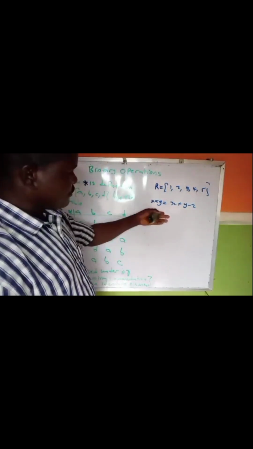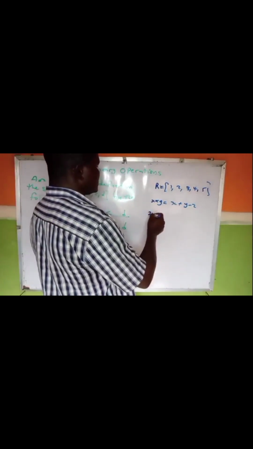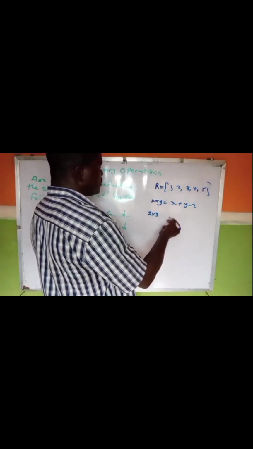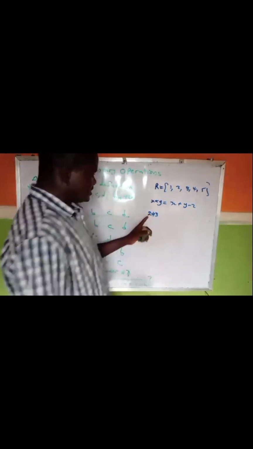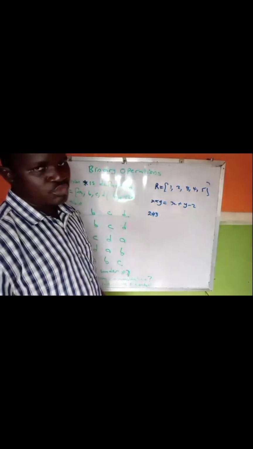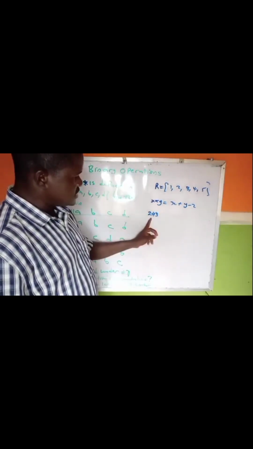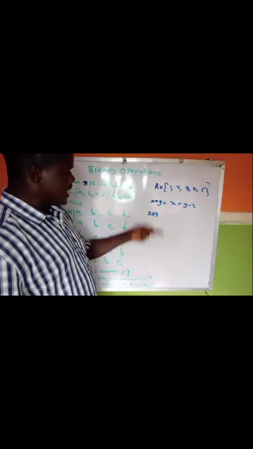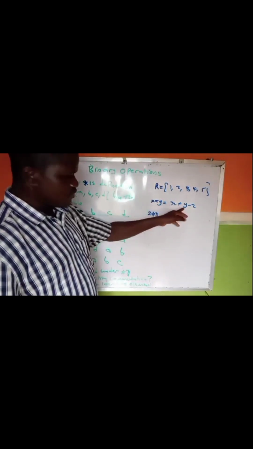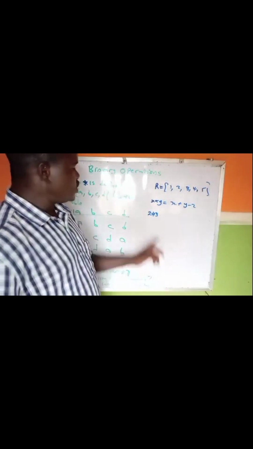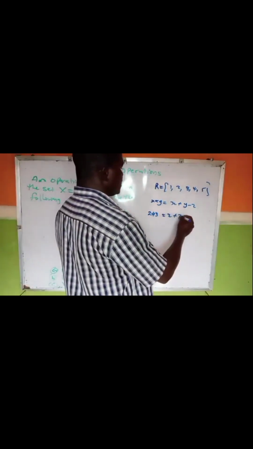Then they can give you anything here. If they say, are 2 and 3 closed under this operation, this asterisk, is it closed? What you are going to do is solve this one first. This X is 2, Y is 3. If you substitute, you will have 2 plus 3 minus 2.